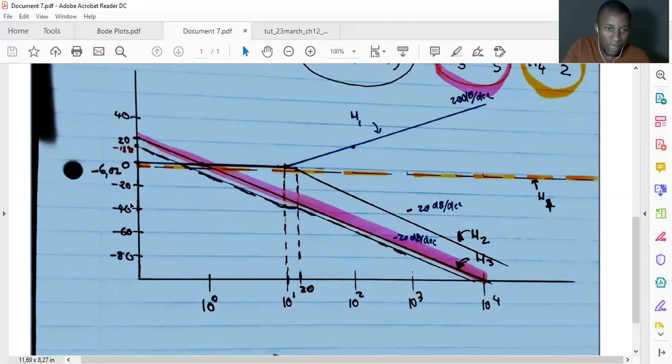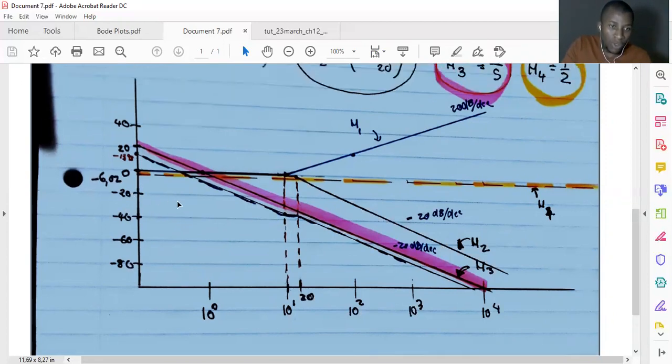We look at this region. So we want to draw the final transfer function. So basically, when drawing the final transfer function, it is just the addition of all other transfer functions. So for instance, here in this region, we have this transfer function of H1, which is just 0.